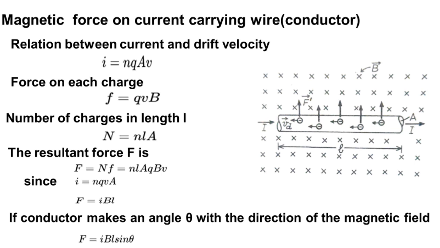Now the number of charges in length L is equal to nLA, and the resultant force F is equal to nF, that is equal to nLAqBv. As we know, I equals nqvA, so the force on the conductor will be F equals IBL. If the conductor makes an angle theta with the direction of magnetic field, then the force will become F equals IBL sine theta.